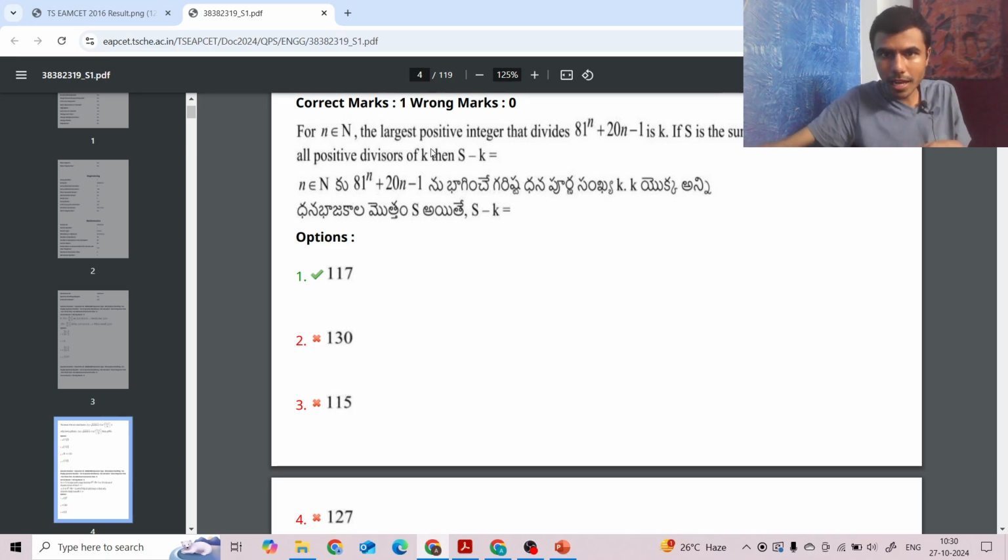In mathematical induction, the divisibility part, you remember there was a question like 49^n + 16n - 1. There was a question to show that it is divisible by 64, prove that statement.